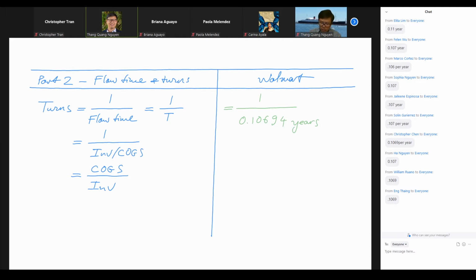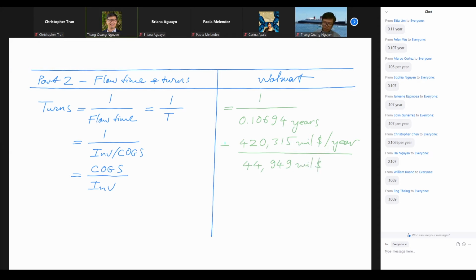And the second way is we take cost of goods sold, which is 420,315 million dollars per year, divided by the inventory, which is $44,949 million, right?